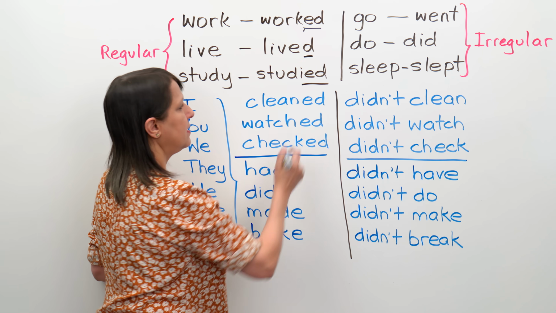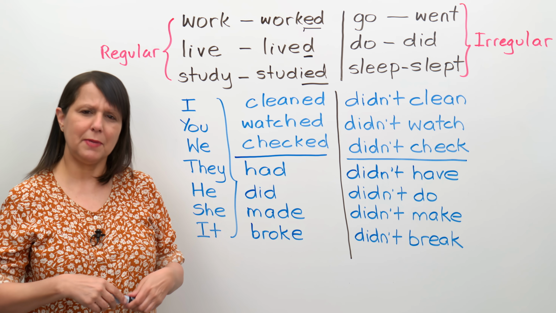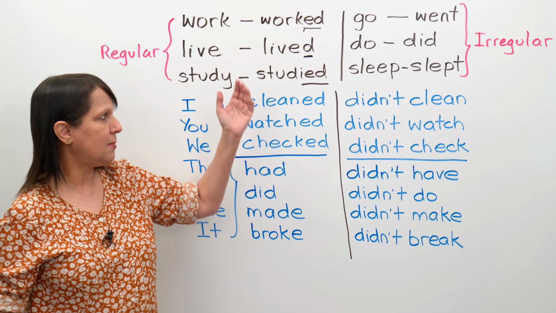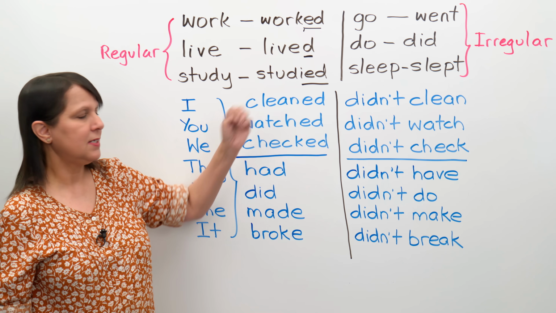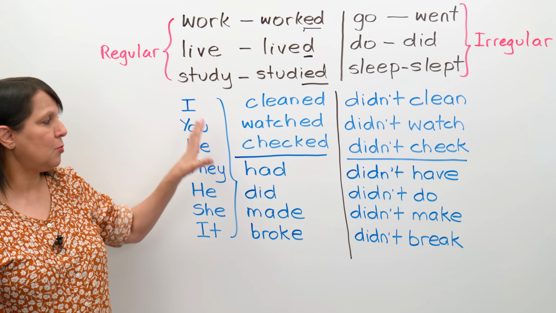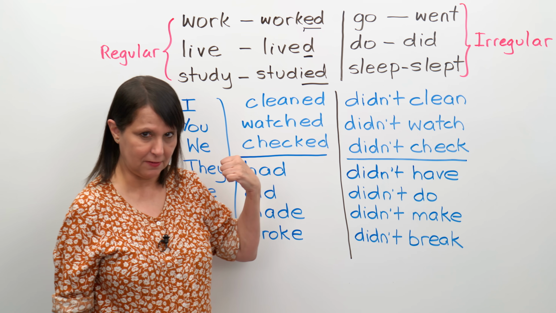So we have to add IED after we drop the Y. And we have many verbs that fall into these groups, okay? Some with ED, some with D, some with IED. But those are the regular verbs. And we're going to see what happens with them in a few minutes when we go from positive to negative.